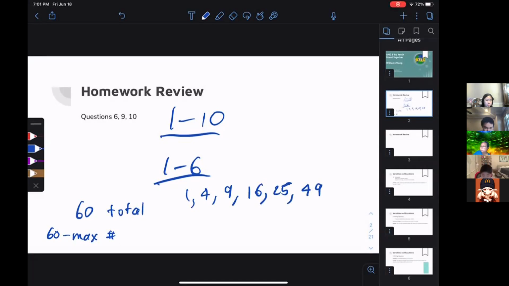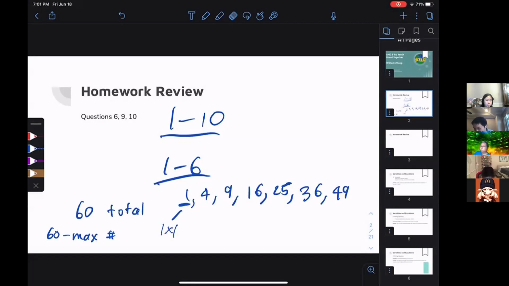And so then you want to see what's the probability that you get each of these. Oh yeah, sorry, I forgot 36. There's only one way to get 1, that's 1 times 1.